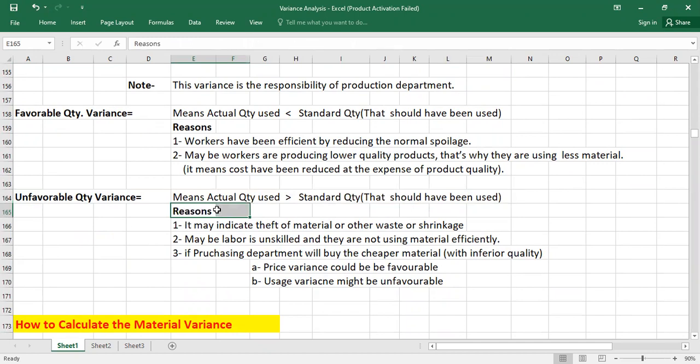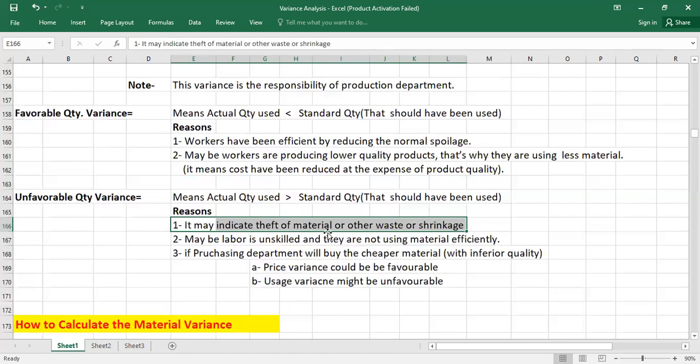First, it may indicate theft of material or other waste or shrinkage, so you are getting unfavorable quantity variance. The second reason is maybe labor is unskilled and they are not using material efficiently. Maybe they are wasting more material during the production process.